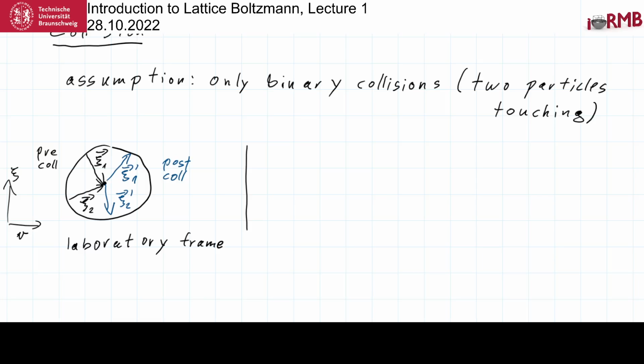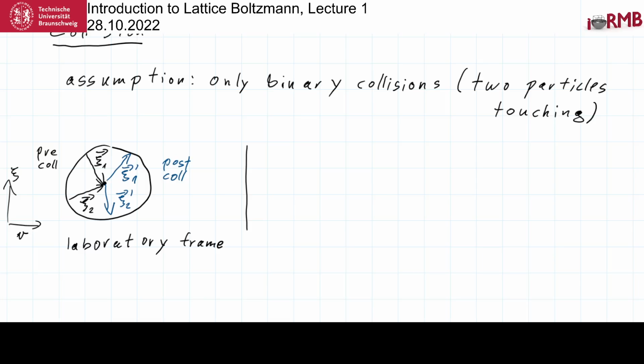Frames of reference. Inertial frame, this you learn. So the laboratory frame is a frame where I say, okay, we are in the laboratory, I'm sitting at my desk and I define myself as being at rest. And everything else is moving relative to me. So this is not related to the problem.